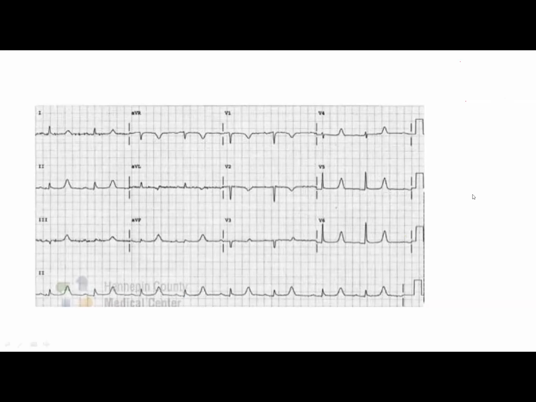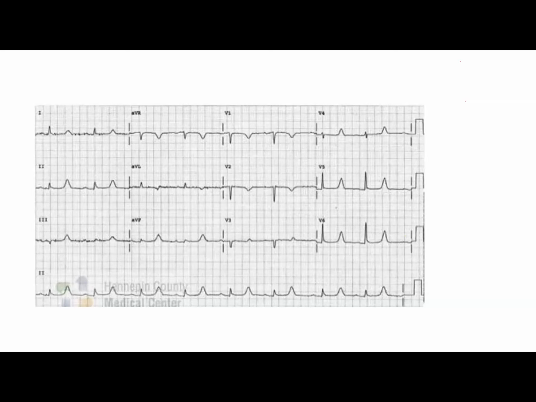For the corrected one, with the QT calculated, we have to take the square root of the RR also, ma'am. Okay, very good. So which RR will you use for this QT? The RR preceding the QT that you are calculating, you have to use for the Bazett formula.